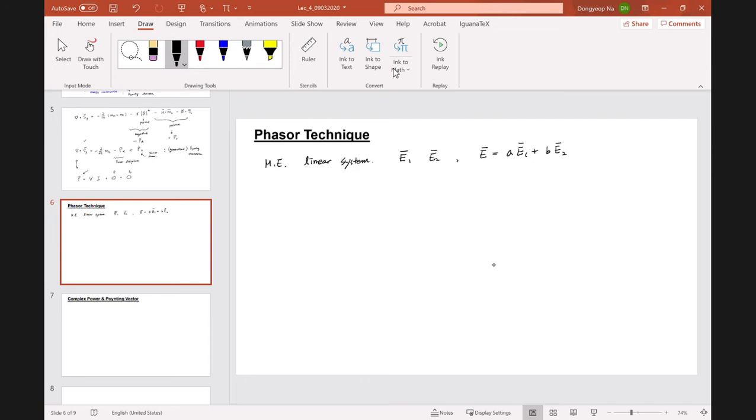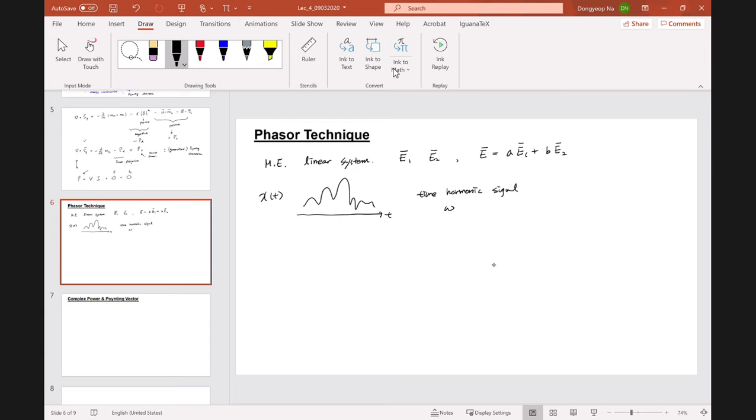So we have learned from signal analysis that a very complicated time domain signal looks very complicated. Then what we do is analyze the time harmonic signal, okay? A time harmonic signal has only one frequency, denoted by omega.